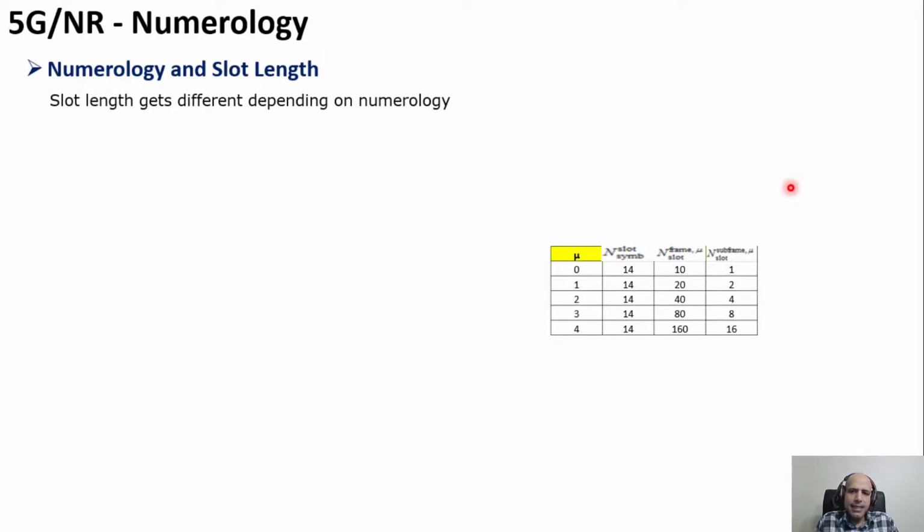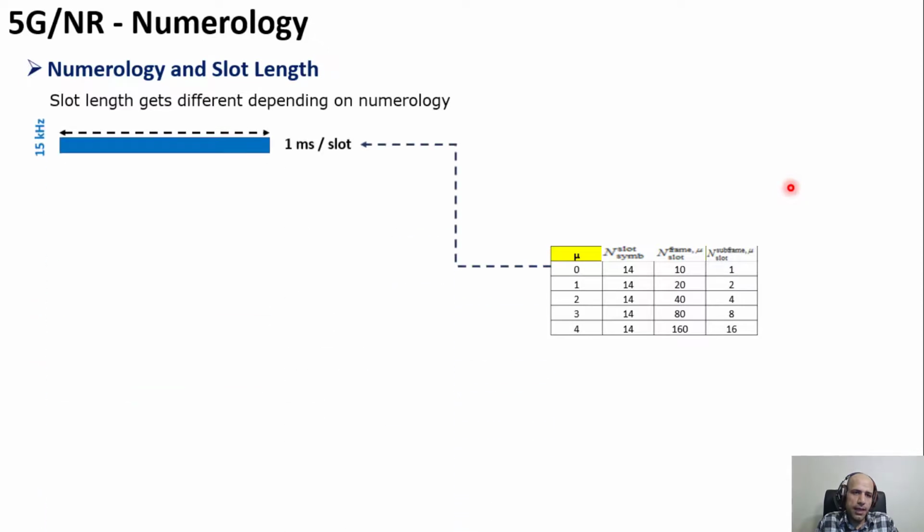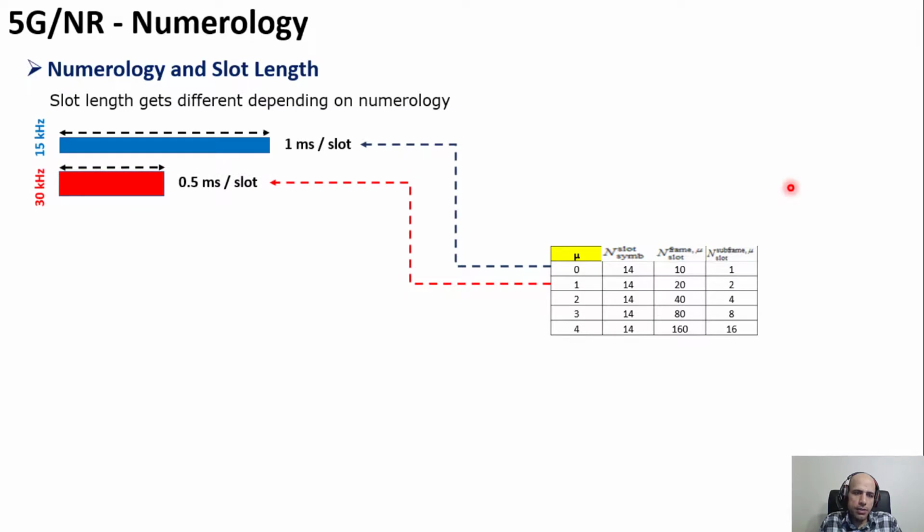Slot lengths differ depending on numerology. The general tendency is that slot length gets shorter as the subcarrier spacing gets wider. This tendency comes from the nature of OFDMA. As you can see in this table, when mu is equal to 0, your subcarrier spacing is 15 kilohertz and your time length will be 1 millisecond. For 30 kilohertz, your time will be 0.5 millisecond.